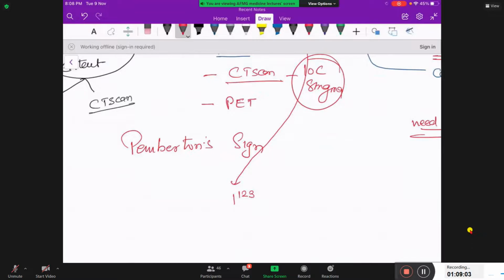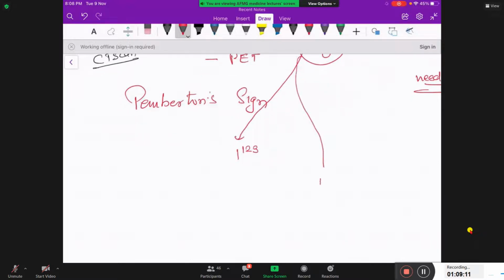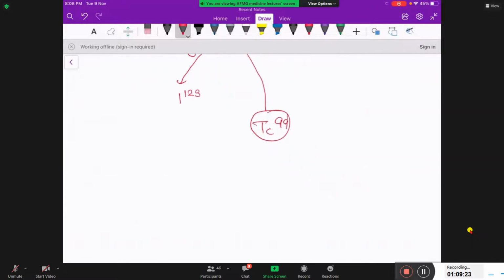Now we do not use iodine at all. Now we do a technetium 99 scan, and this thyroid scan, important to know, is done for specific indications.